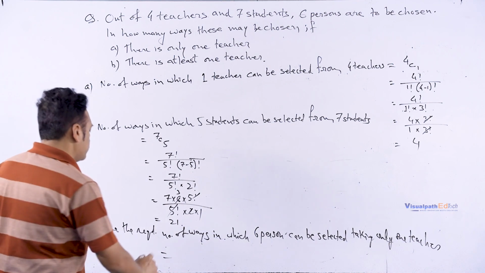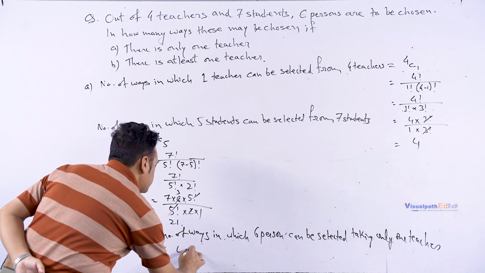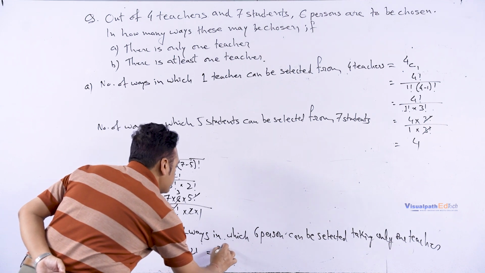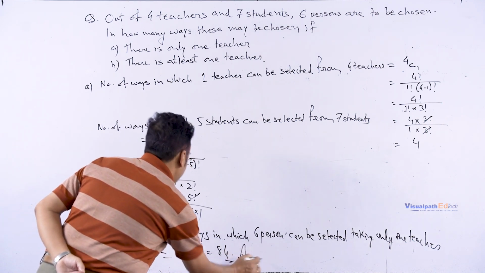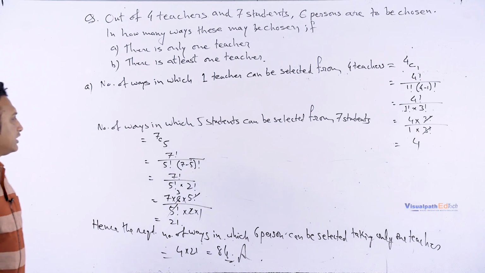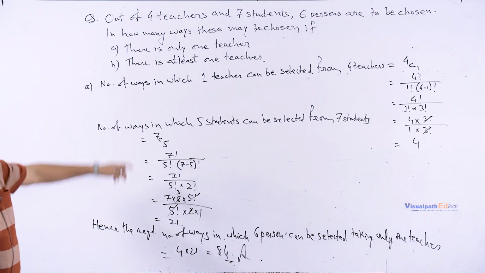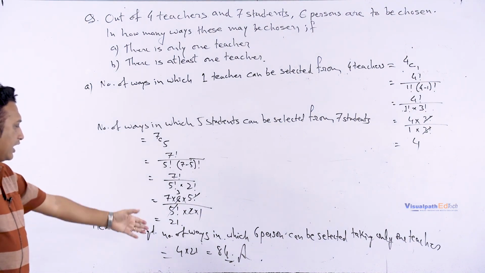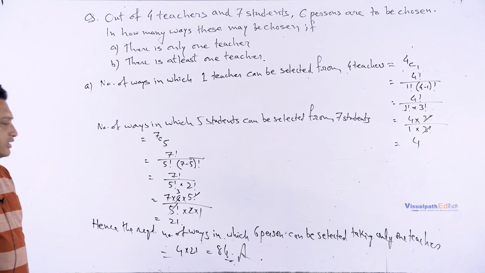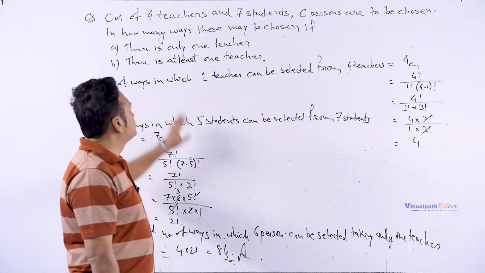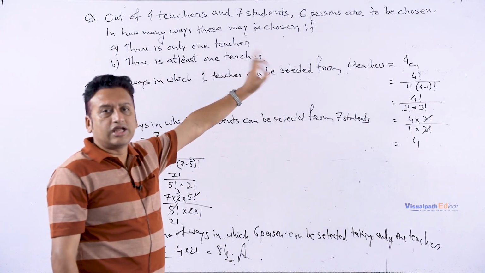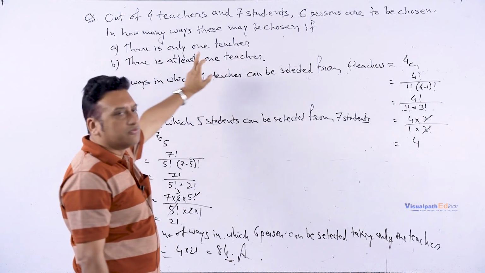We have to find 4 into 21, that is equal to 84. So, 84 ways. It is 4C1 into 7C5, and we get 4 into 21, and that way 84 ways is the number of ways in which we can select 6 persons with only one teacher.